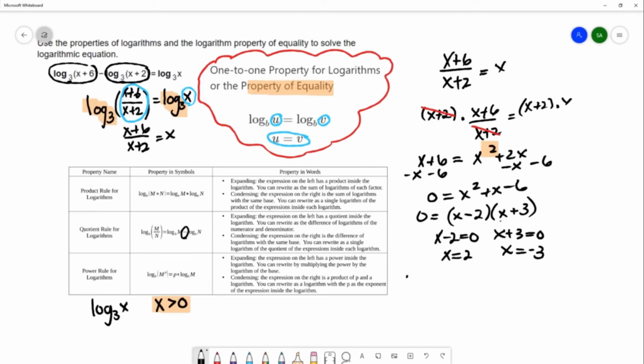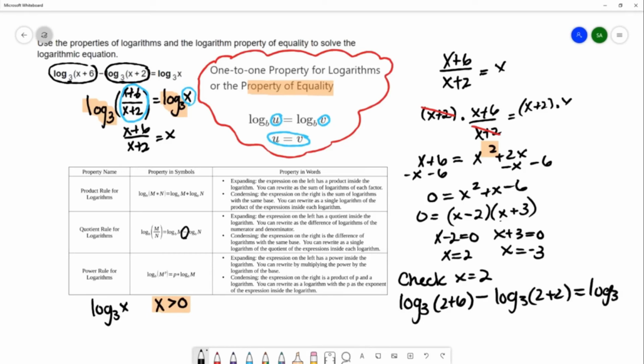So I'm going to start by checking x equals 2. x equals 2 gives log base 3 of 2 plus 6 minus log base 3 of 2 plus 2 and log base 3 of 2.